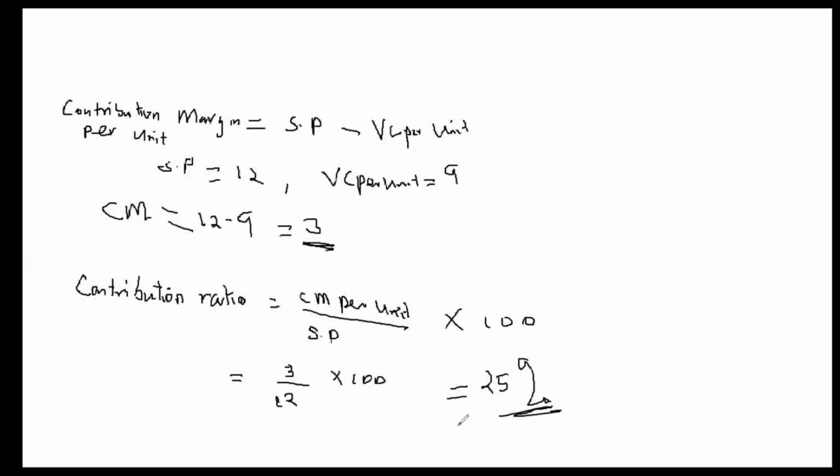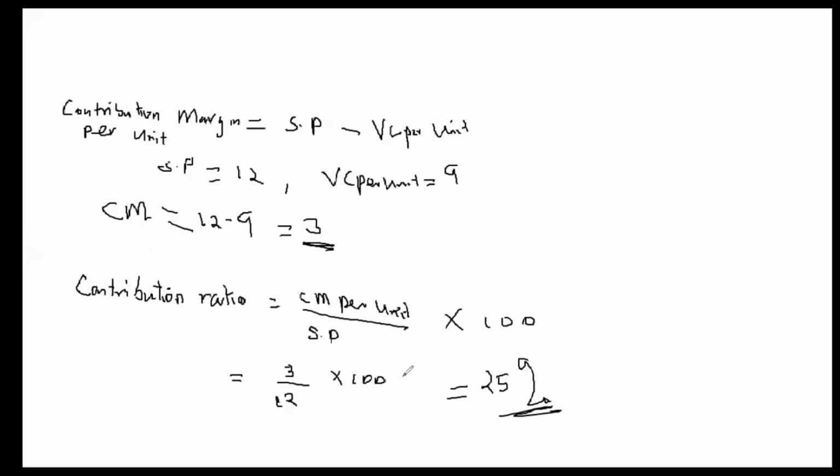Okay. So you can use this ratio to project, just like what you are doing with the cost function, Y equals F plus Vx. So you can use this ratio to project the future profits that you intend to make.